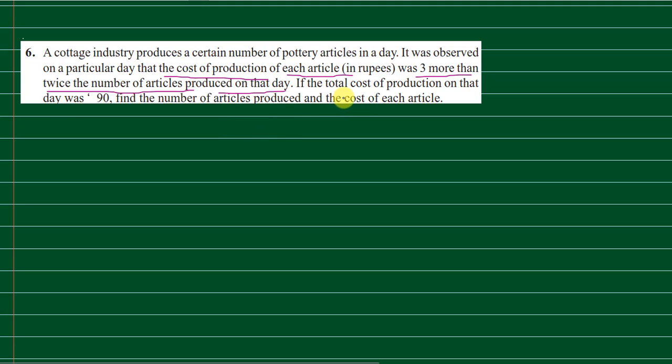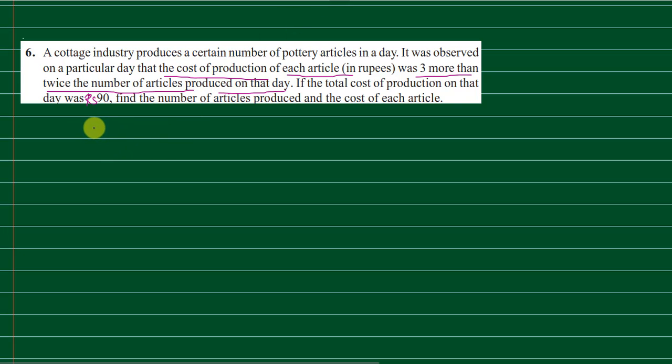If the total cost of production on that day was rupees 90, find the number of articles produced and cost of each article. See, they have mentioned the relation between number of articles produced and cost of each article. They say that cost of each article is 3 more than twice the number of articles.